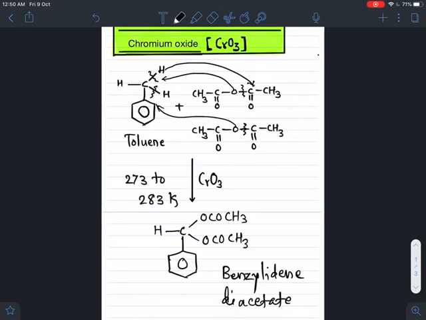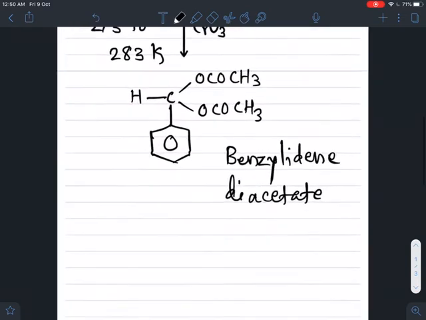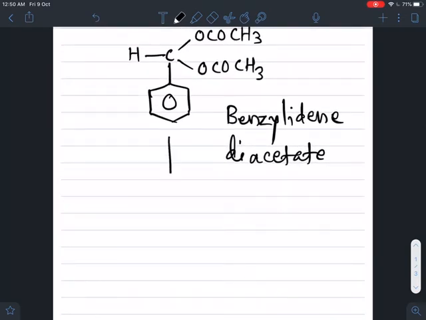Now this benzylidene diacetate further undergoes acid hydrolysis, meaning addition of water takes place. So we can write H3O+ on the arrow.